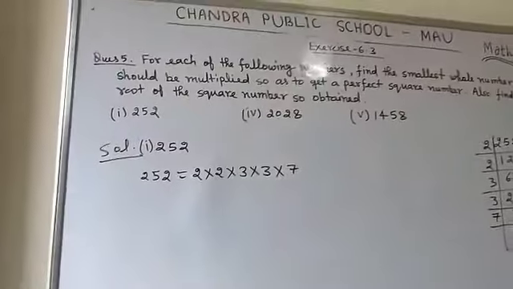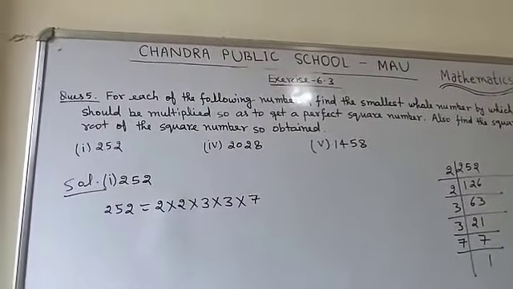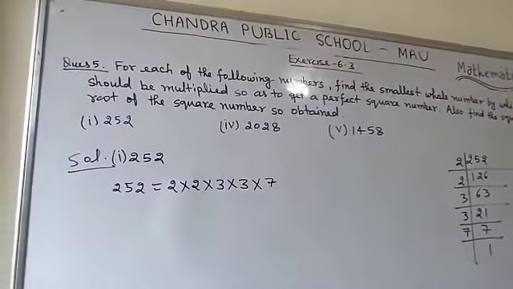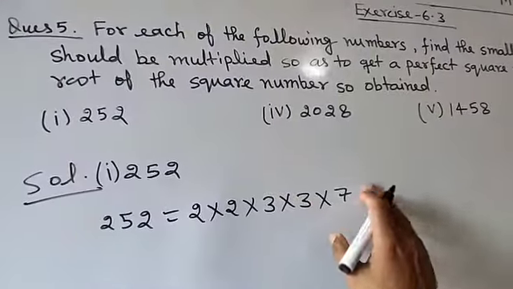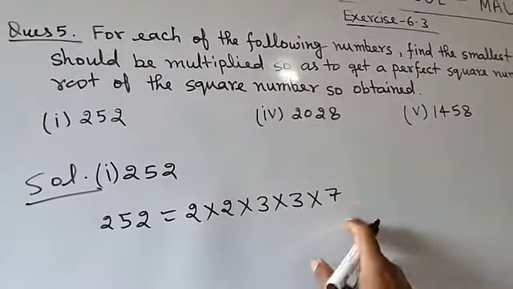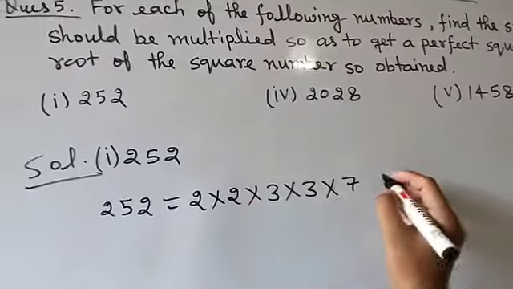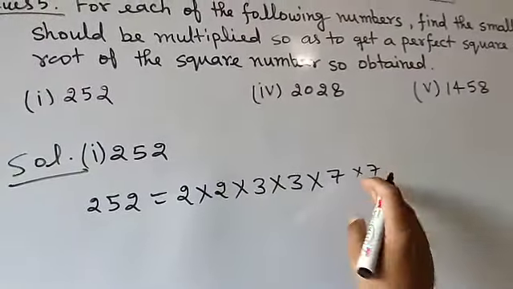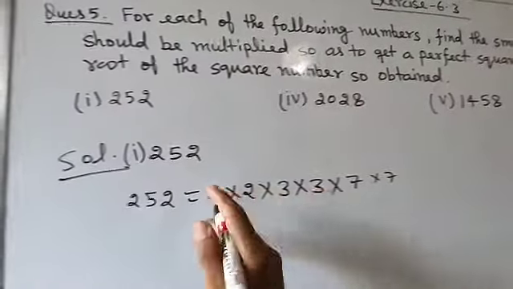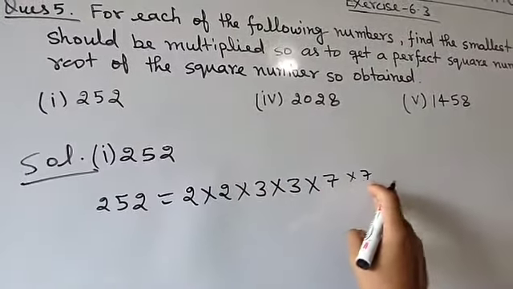It means 252 is not a perfect square number. If you have one more 7, then that will be a perfect square number and you will get the pairing of 7 also. So if I multiply the number by 7, then 7 will also be in a pair.